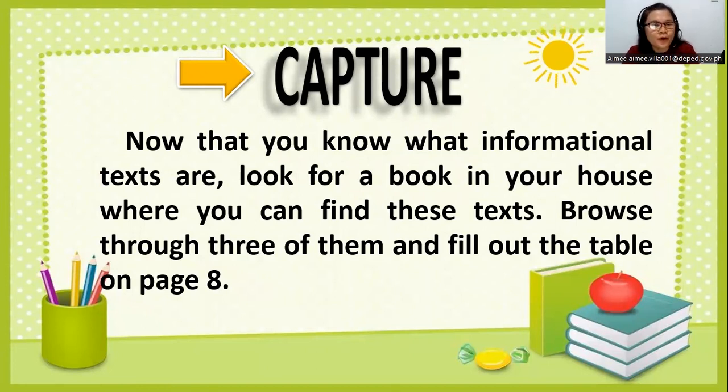So you will look for books in your house that have informational texts to read. I'm sure there are many, but you're going to select only 3. So this will be done in your notebook. So you're going to write the title of the selection.